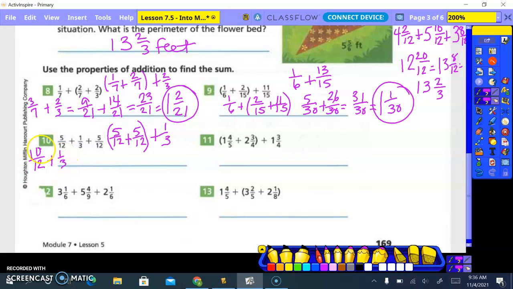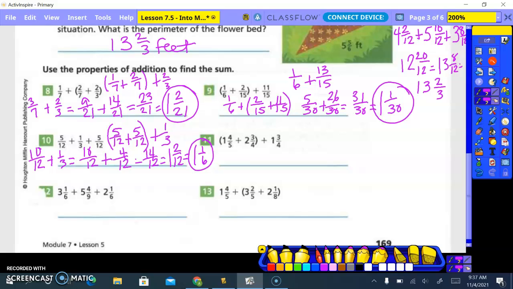What's my common denominator? 12. So we can rewrite 10/12 plus 4/12 equals 14/12, which equals 1 and 2/12, which equals 1 and 1/6. Okay. Next one.